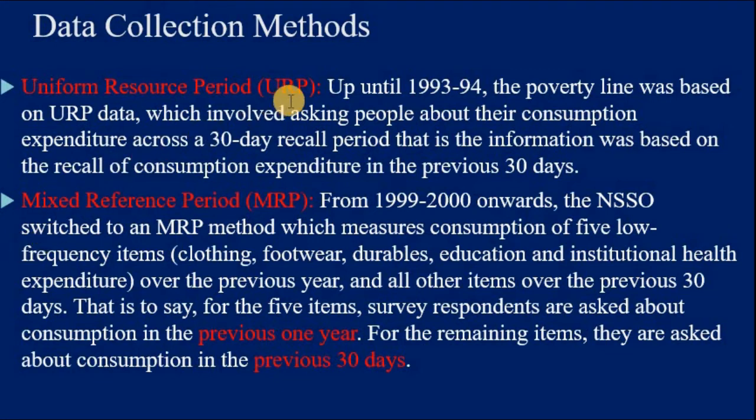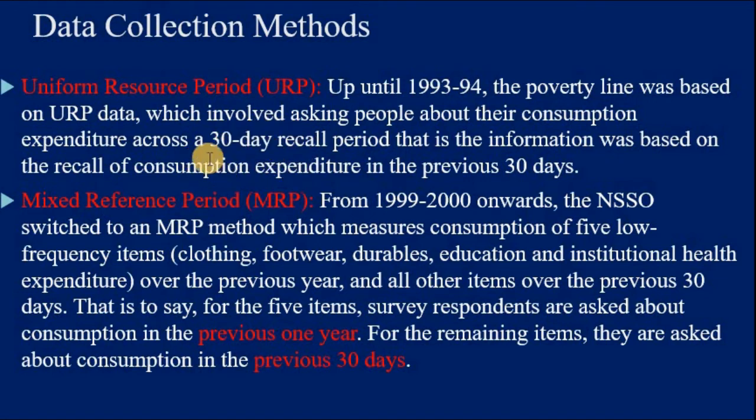So data collection methods, what are the data they collected? Here, uniform reference period, until 1993-94. So poverty is purely based on the uniform reference period, which is asking people about their consumption expenditure in the previous 30 days that they are recalling.